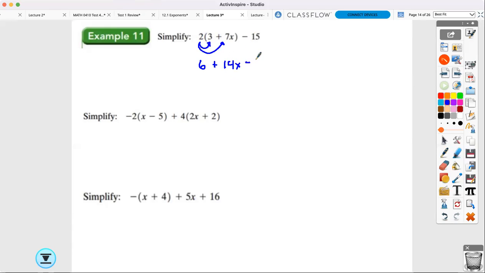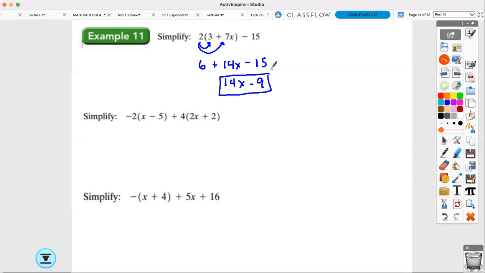Then bring down the minus 15. Use like terms to combine the 6 and the 15, which gives us 14x minus 9. And we're done.